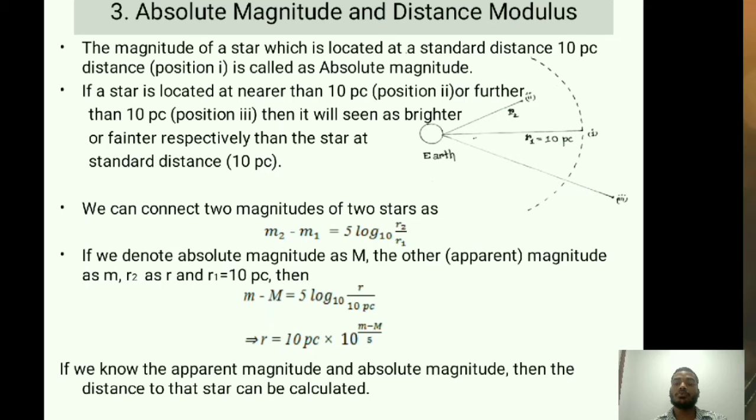So from this equation we can calculate the distance to the star if we know the apparent magnitude and absolute magnitude of the star.